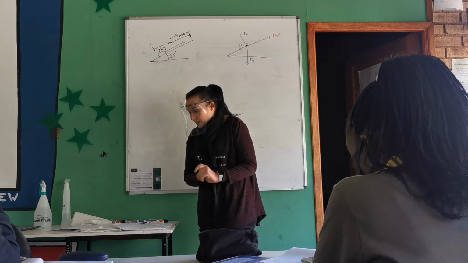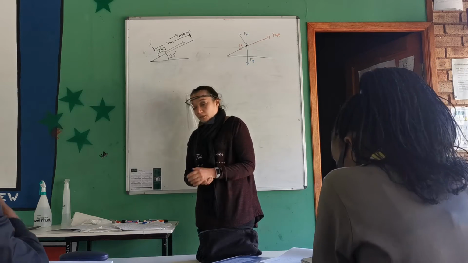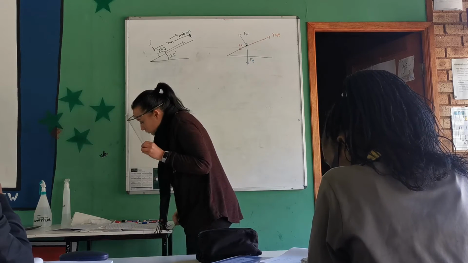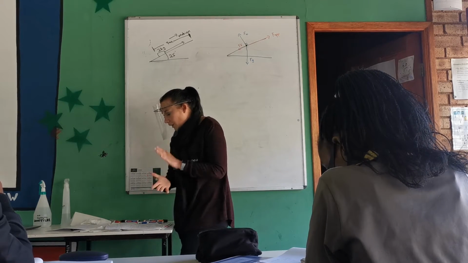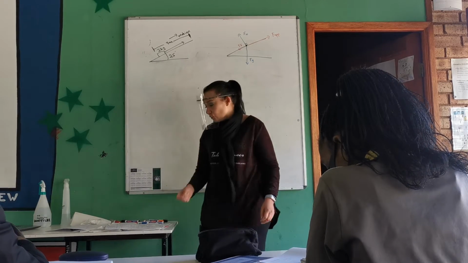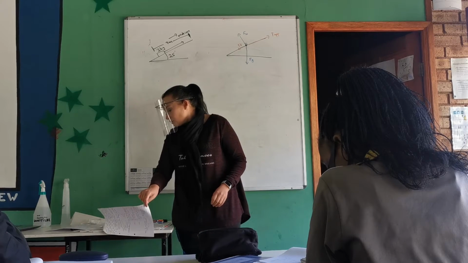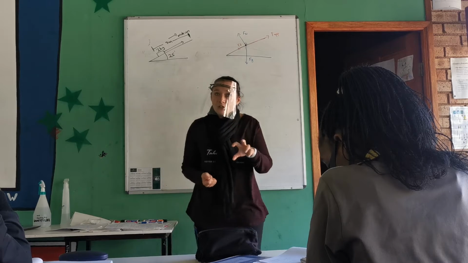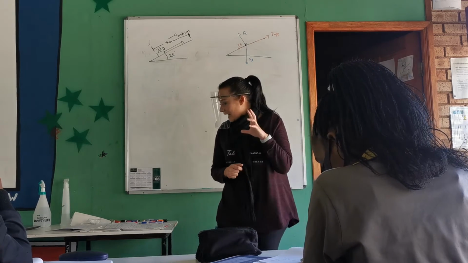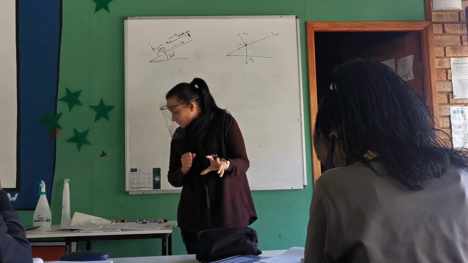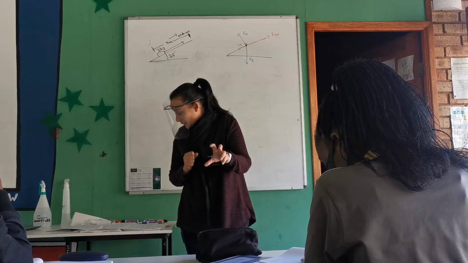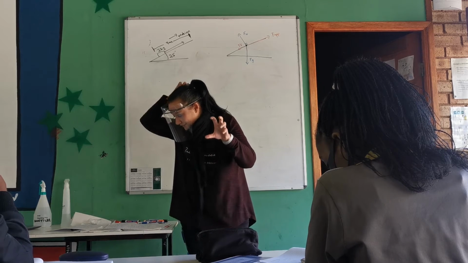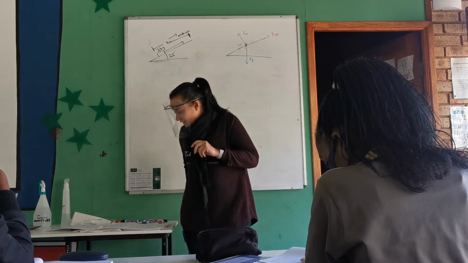Once I have that, let's look at the questions. The question says determine the net work that is done on the trolley. The net work done. Now you'll notice from the pictures I sent through that there are two methods. When I calculate net work done, I can either use the net work by what we call the vector summing of the work done.